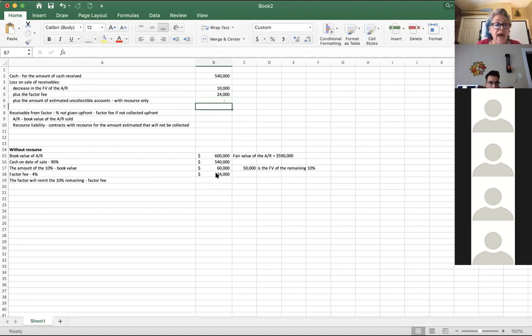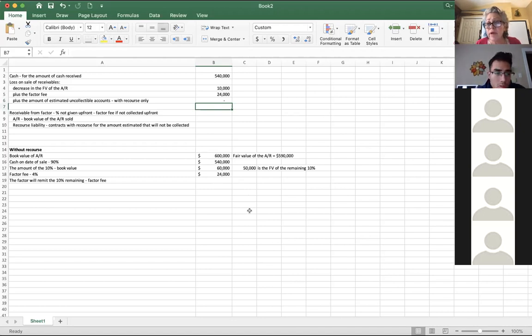So I know that the amount of estimated uncollectibles is not coming back to me, because this is a without recourse contract. And the 10,000 decrease we get from that 50,000 number, and then we kind of infer that the 590,000 is the fair value.